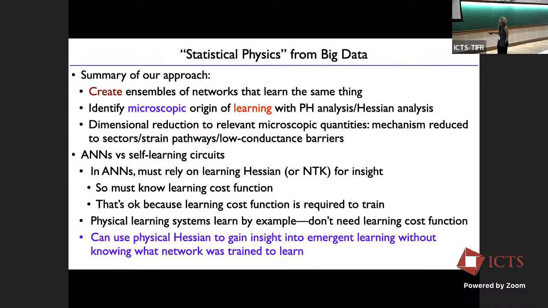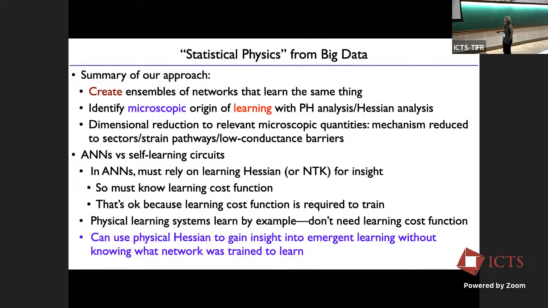Now, it's okay that they rely on the learning Hessian. I said I didn't want to. For them, it's okay because they needed to know the learning cost function in order to train in the first place. They couldn't have trained without learning the learning cost function. We don't need to know the learning cost function in order to train, so we'd really rather avoid it, okay? We can just learn by example, right? We just show it training examples and it learns things, and we don't need to construct a learning cost function.